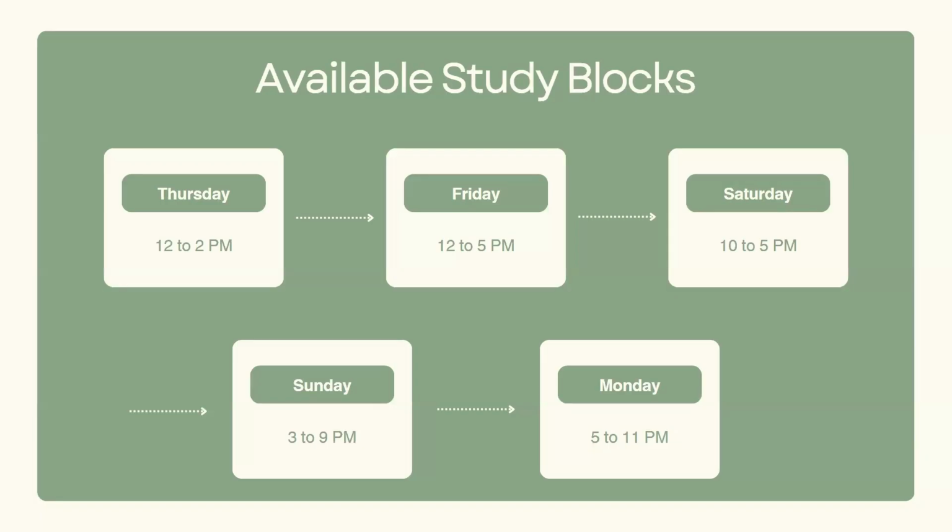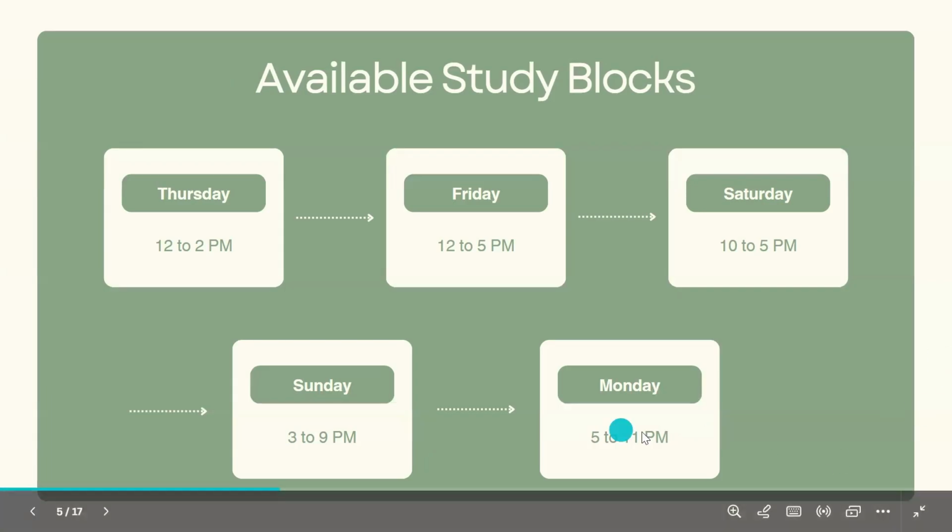And based on the time we have, we'll try to divide it up so that an equivalent amount of time is being dedicated to each of these 3 major assignments. So for starting today on a Wednesday and preparing for 3 assignments for next Tuesday, the time I have available is Thursday, tomorrow, 12 to 2 p.m., on Friday, 12 to 5 p.m., on Saturday, 10 to 5 p.m., Sunday, 3 to 9 p.m., and Monday we have 5 to 11 p.m.